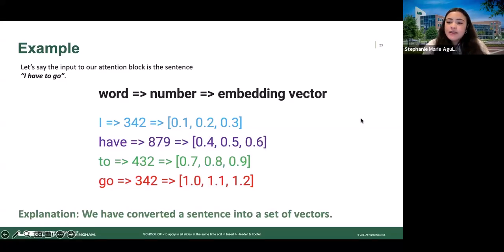So you convert every single word into a number, this barcode, and then in itself, that would be the embedding vector within your model. So I have to go, you'll have a barcode of 342, 879, 438, and then 342. And each one of these will have a vector, being an embedding vector for your model.